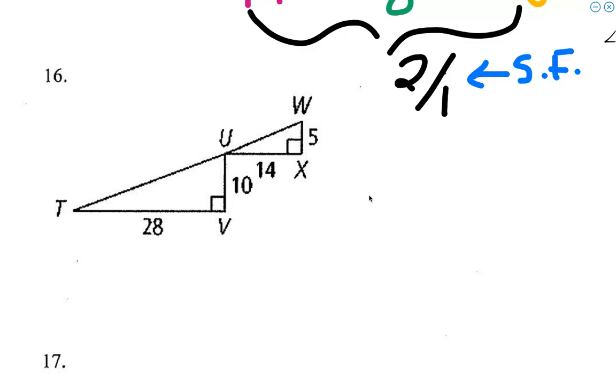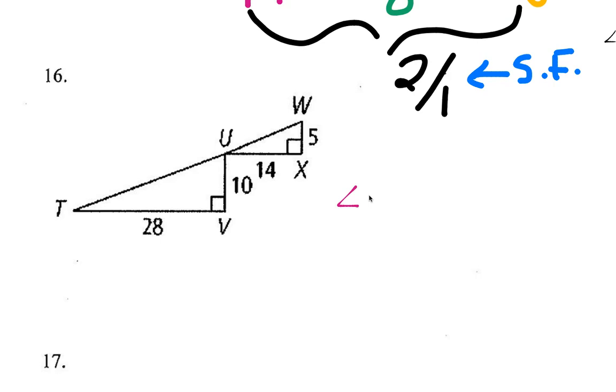All right, 16. I do not have all three sides. I have two sides, and I have an angle between those two sides. So that's making me think of side, angle, side. In order for that to work, I need to establish one pair of congruent angles.